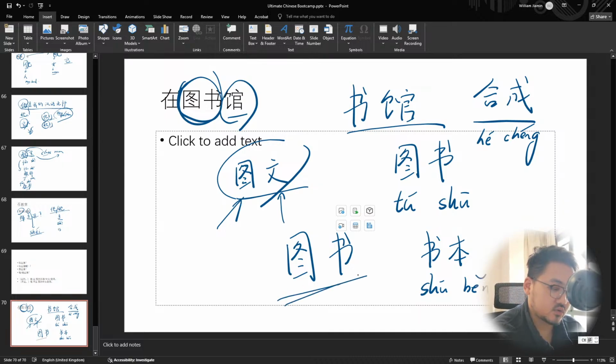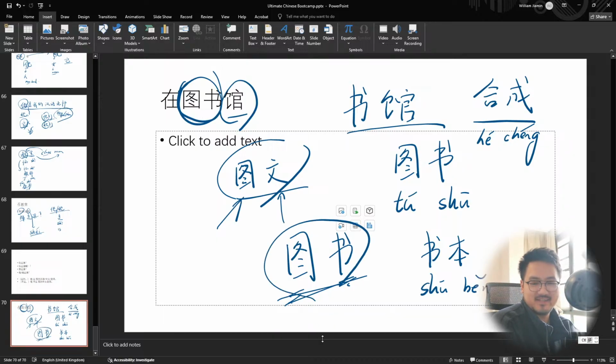So 图书 means you got some image, some visual drawing, and then also more book. Okay? So 图书馆. So basically it's like a pavilion, an area where you can put the image books as well as the books.